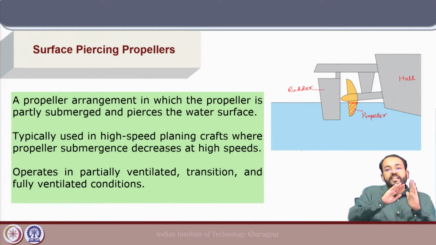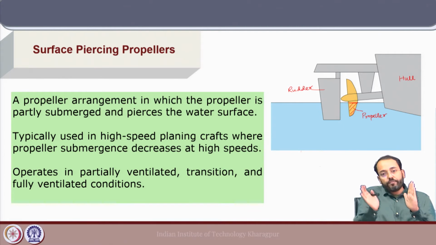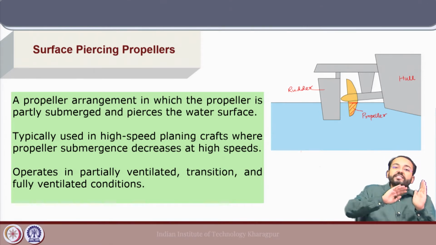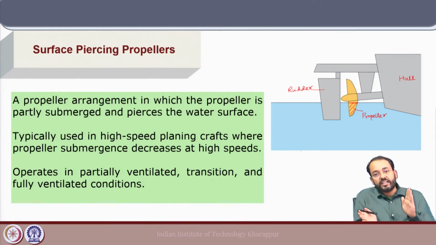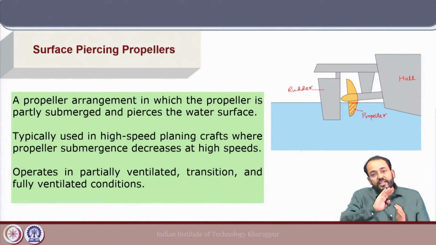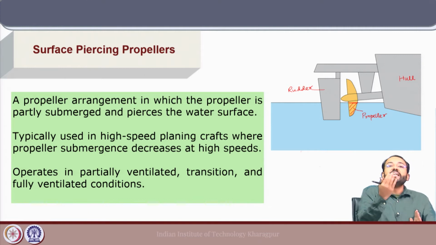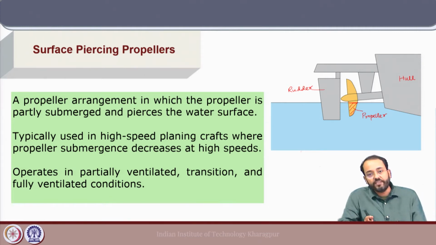Now, if we consider a blade for a full revolution, it passes through both the air and water. So, there will be a condition when the blade enters the water, and there will be a condition when the blade leaves the water during one entire revolution.